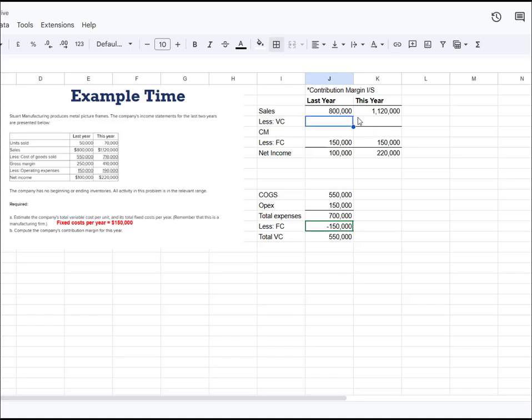So now I'm going to put in my variable costs here. Now I know that my sales less my variable cost equals my contribution margin of 250,000. And then my contribution margin less my fixed costs equal 100,000. So we balance here and we are good.